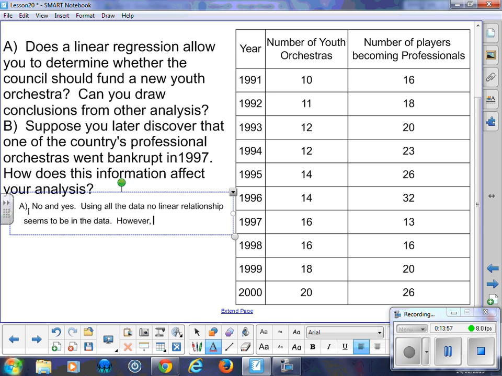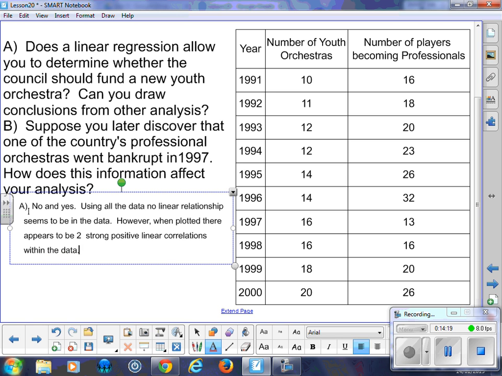However, when plotted, there appear to be two strong positive linear correlations within the data.